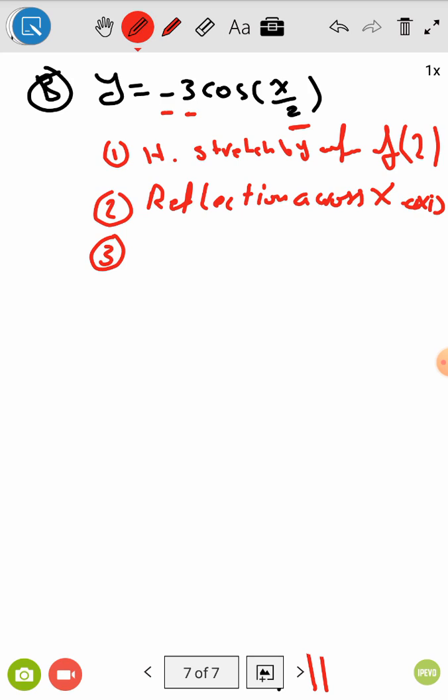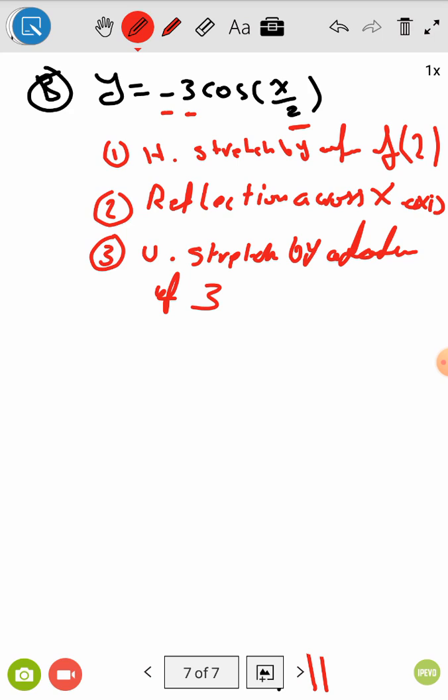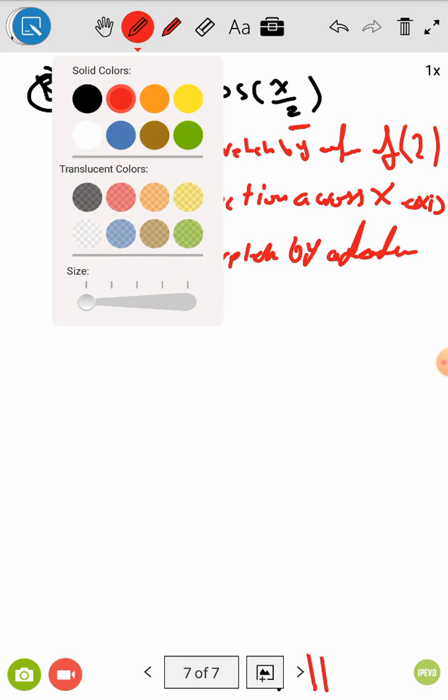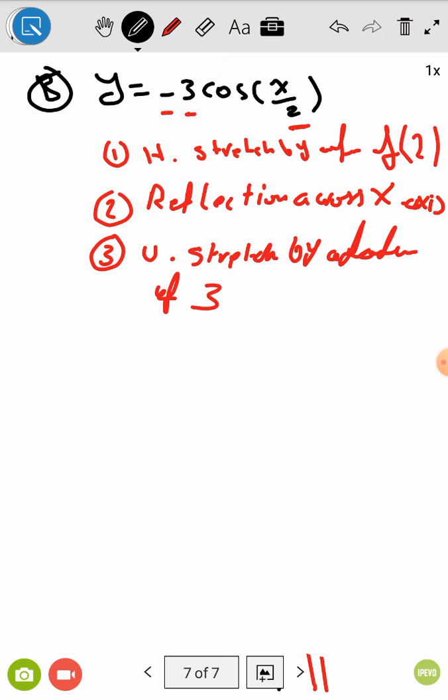Let's continue. Vertical stretch by a factor of 3. Now take a look at the transformations. It's so easy to list them. Let's do the period. Do you remember the period of the cosine?